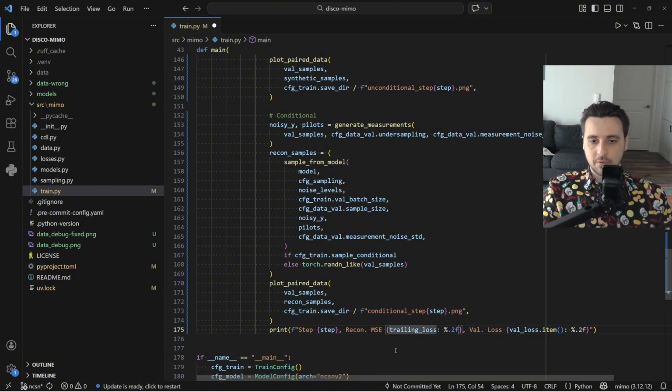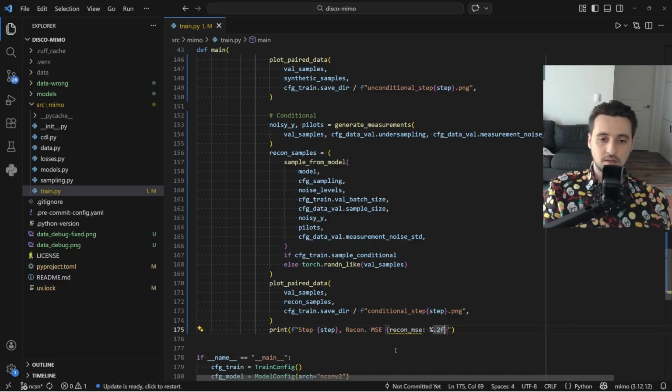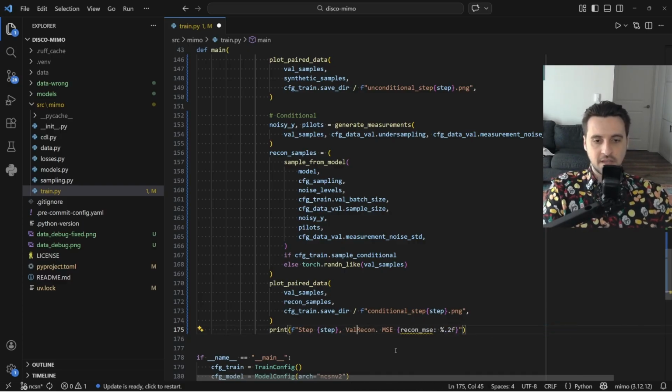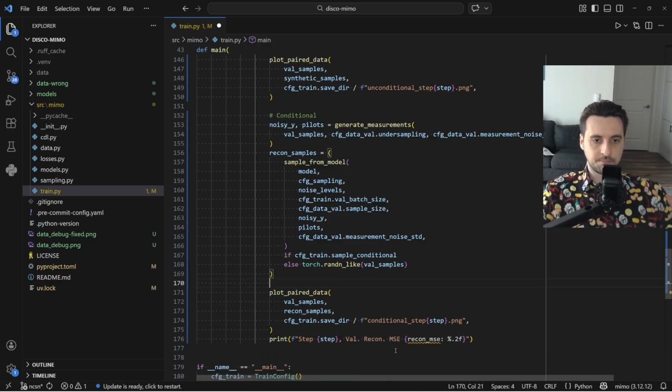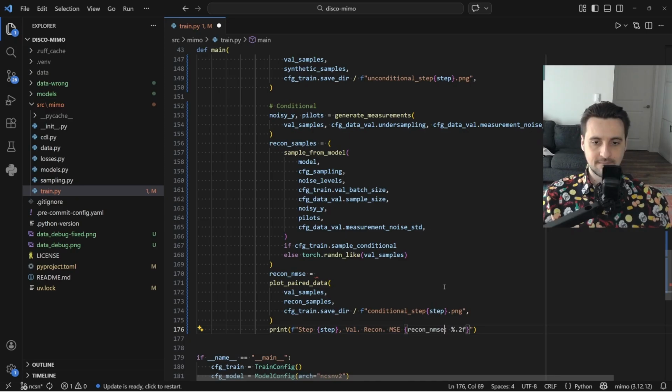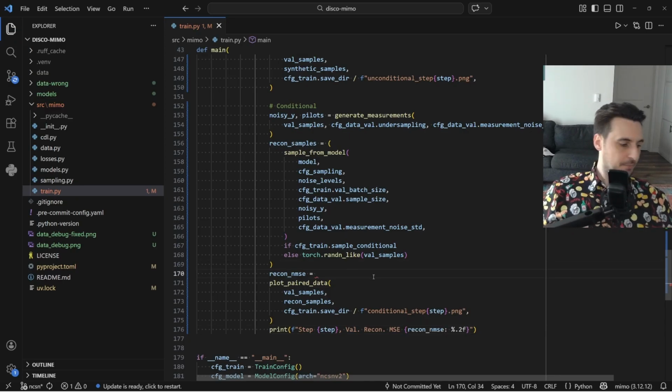Oh, this is what we removed, right? I remember now. I should not have removed that, but it's fine. This is validation recon MSE actually, which is a pretty powerful metric. I wonder what it was. So it was NMSE, because we want this to be exactly like the paper.